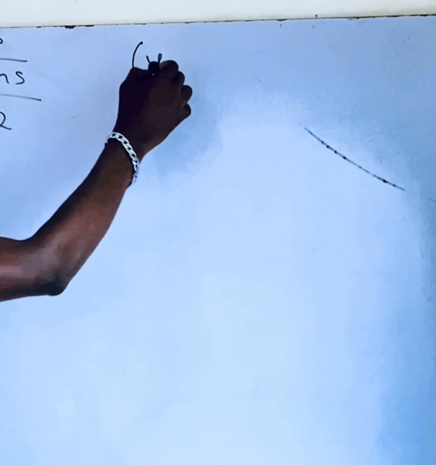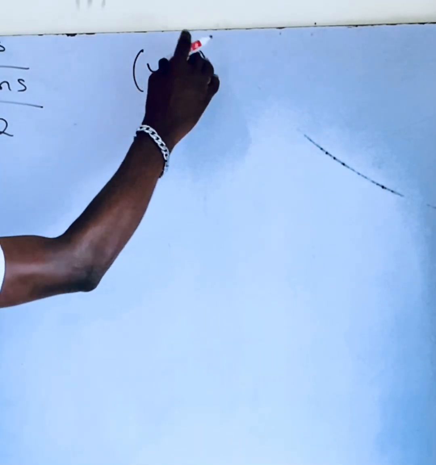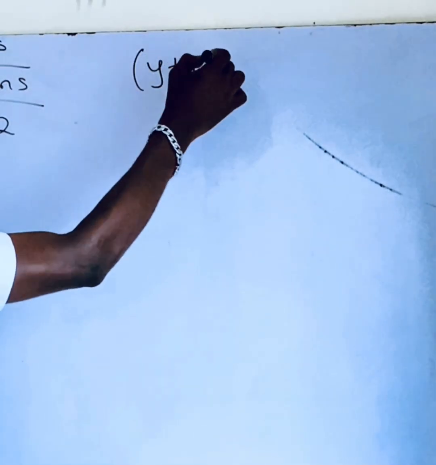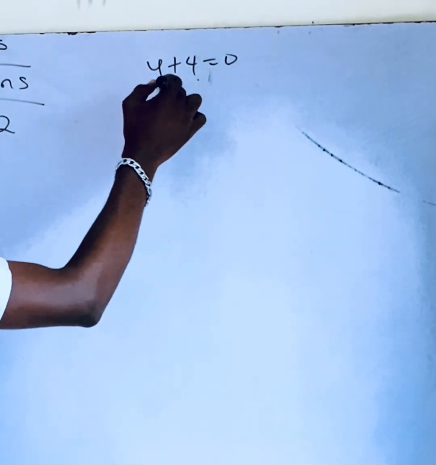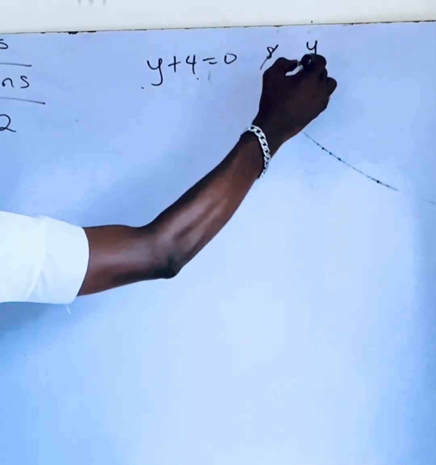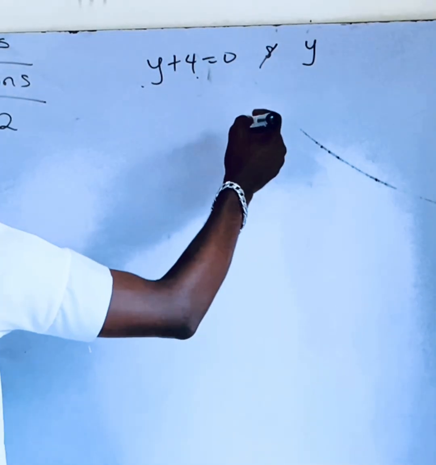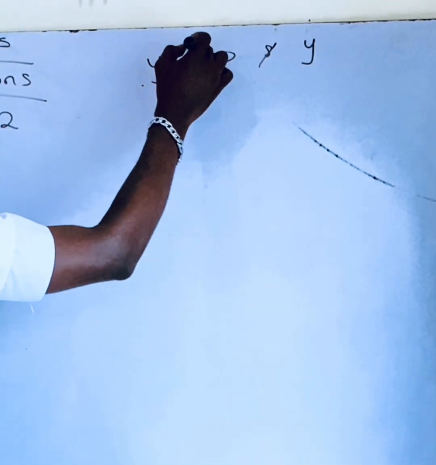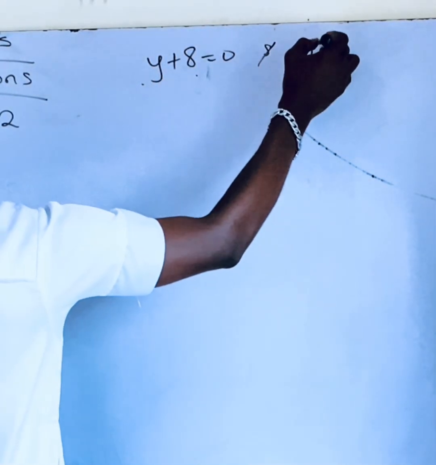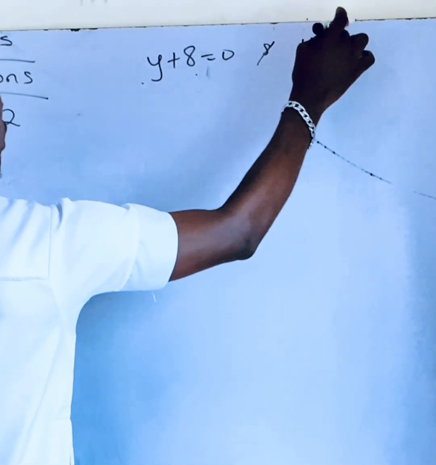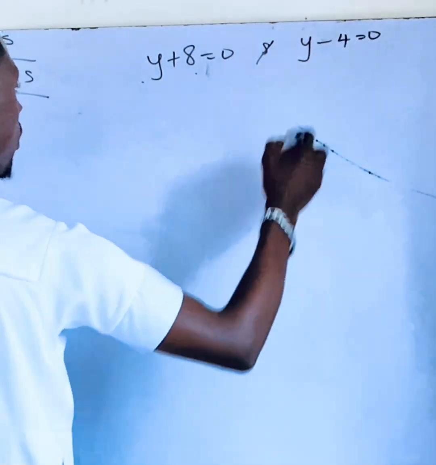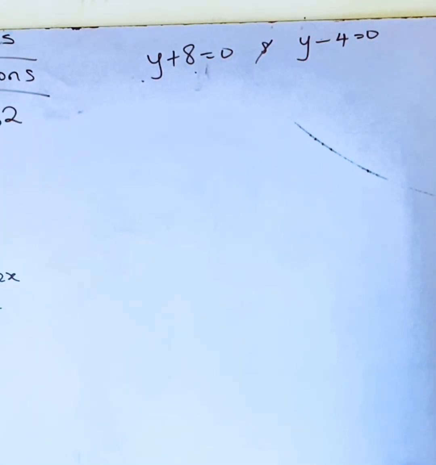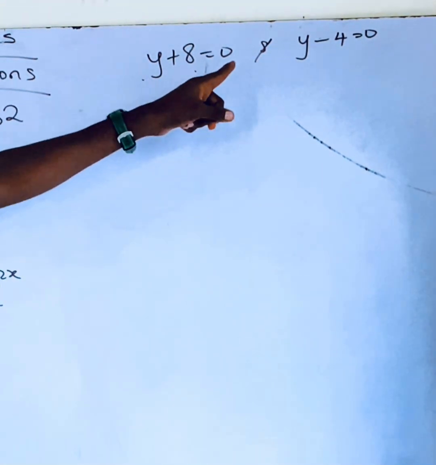Having gotten these, we'll be going forward to make this an equation where we'll be having y plus 8, open the bracket, equal to 0, and y minus 4 equal to 0. So that's what we have here. We just opened the bracket and we made it an equation by equating it to 0.